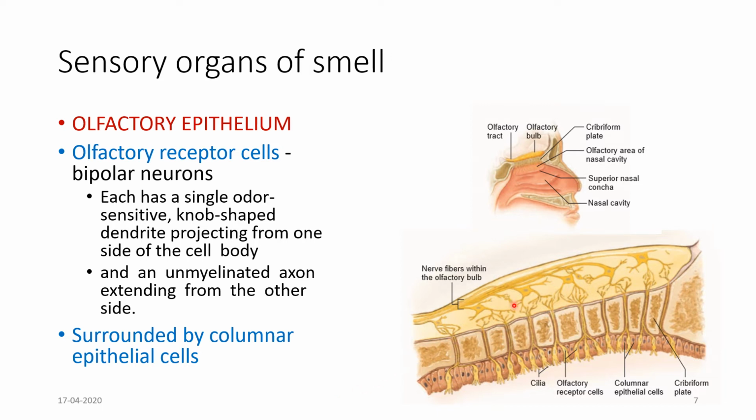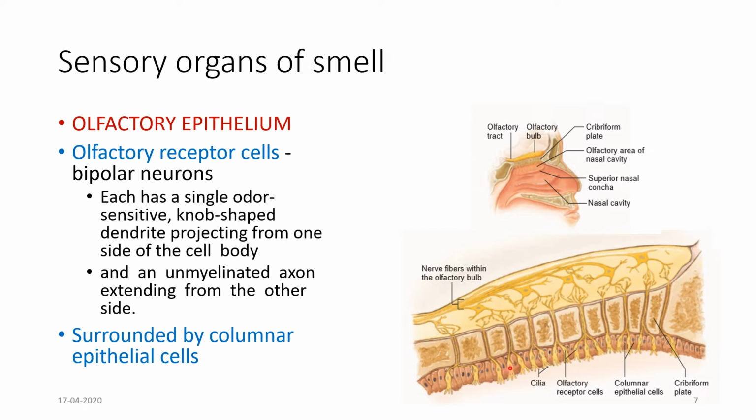Look at the picture. This is the roof of the nasal cavity. We are seeing the epithelium. This is the olfactory epithelium containing these yellow ones, the olfactory receptor cells, that is bipolar neurons.